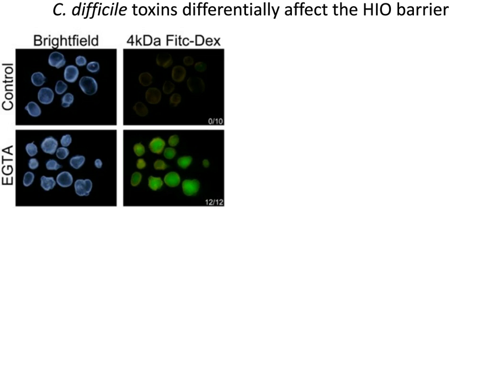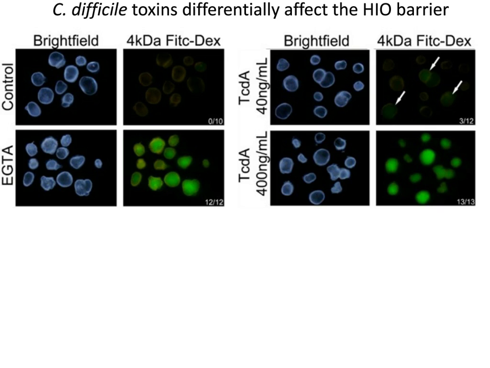If we add TcdA, toxin A, at 2 different concentrations, remember that green means the epithelial barrier is disrupted. We can see at low concentration at the top that the barrier still seems to be maintained, but at higher concentrations there is a complete disruption of the barrier in all of the organoids in this experiment, in which case you can see 13 out of 13 had a disrupted barrier.